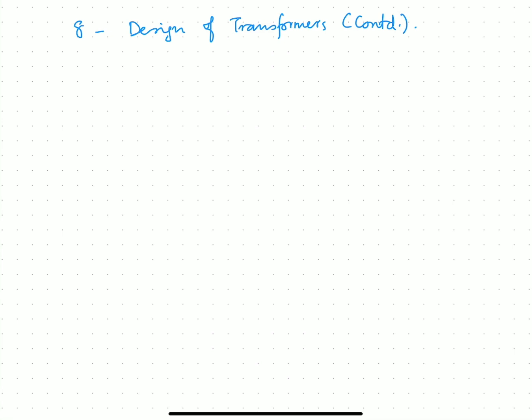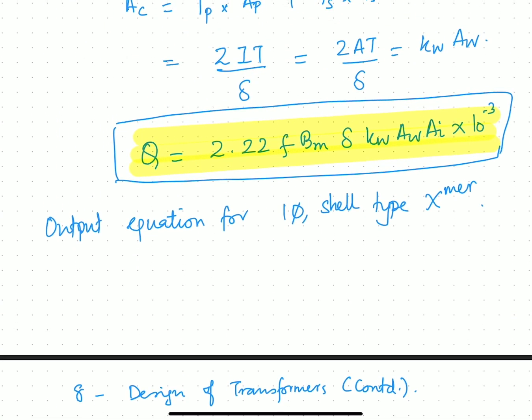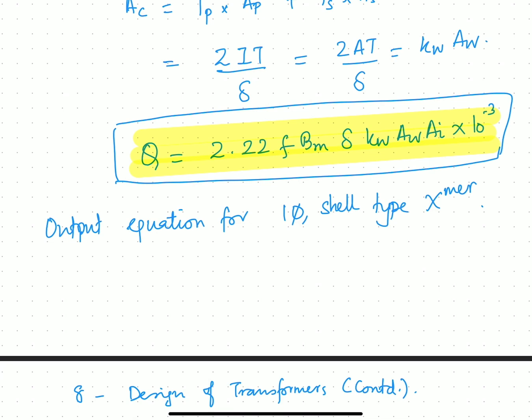If you remember, we derived output equations for core and shell type single phase transformers, and this is the equation that we had derived in the last class. Q, which is the output of the transformer in kVA, is equal to 2.22 f Bm delta Kw Aw Ai into 10 to the power 3.